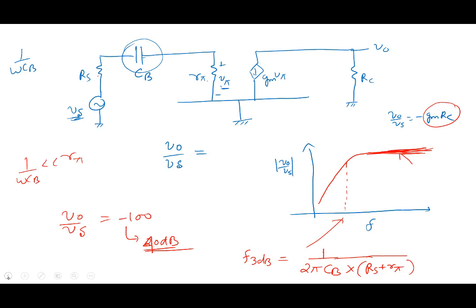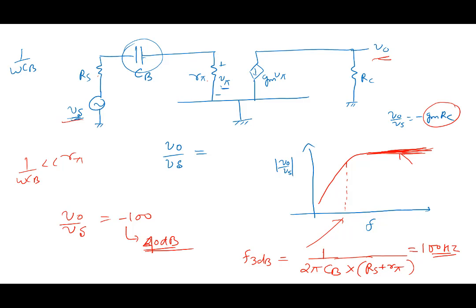But if I do this calculation and the 3 dB frequency comes out to be 100 Hertz, what do I have to do to operate it as an amplifier? Vs is here and V0 is here. To operate as an amplifier, I have to use its frequency above 100 Hertz. Then only it will act like an amplifier.